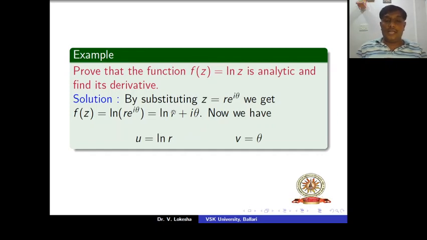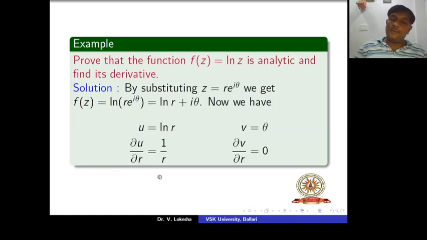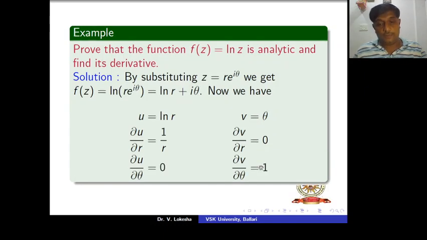Then separating f of z is equal to u plus iv, u is equal to ln r and v is equal to theta. Then you can differentiate partially with respect to r, you get ur is 1 by r, and vr is equal to 0 since the r term is absent, and u theta becomes 0, and v theta is equal to 1.